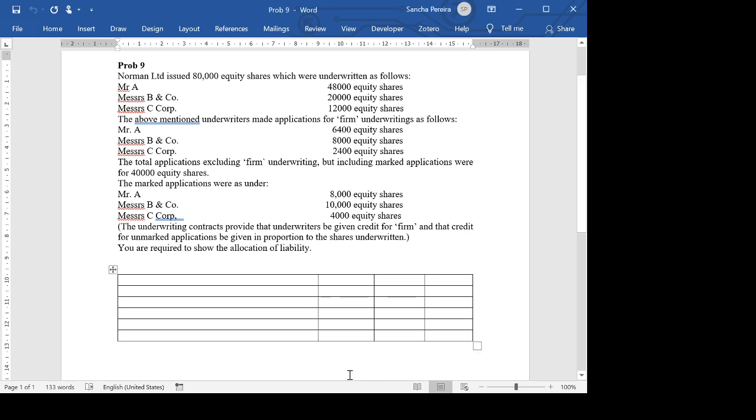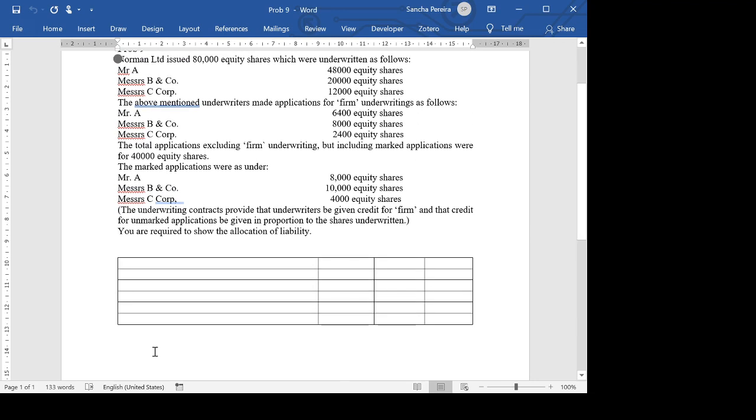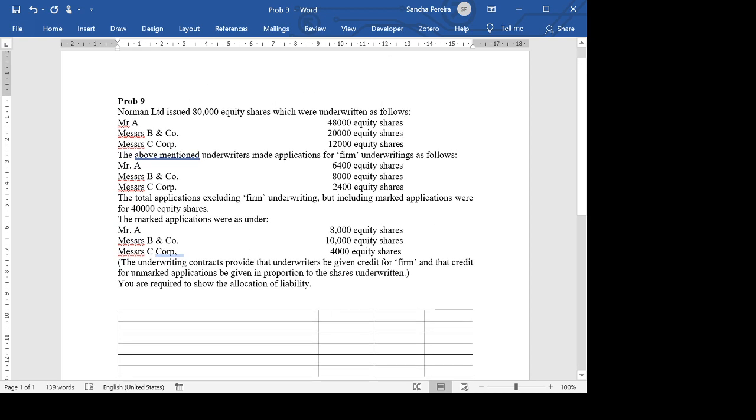So if I just do the calculation that I normally do in advance, the total issue is 80,000. Out of this, less firm underwriting, of we'll call it firm application, firm application has been this.